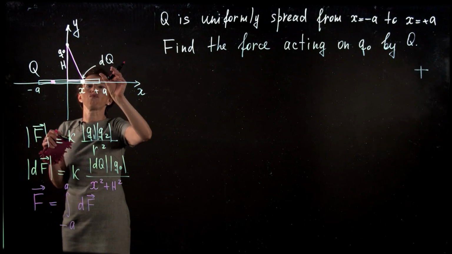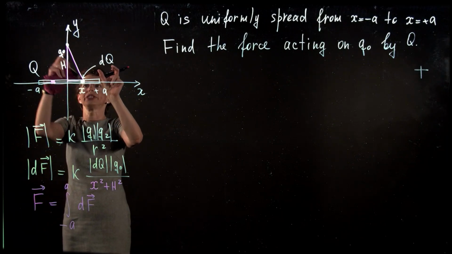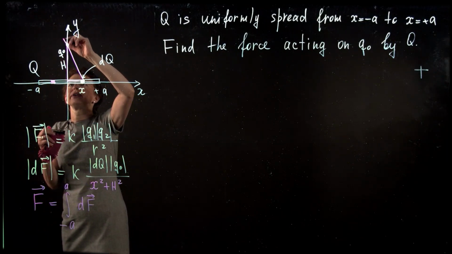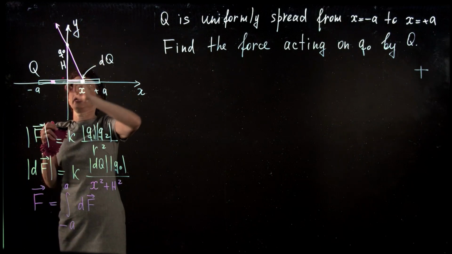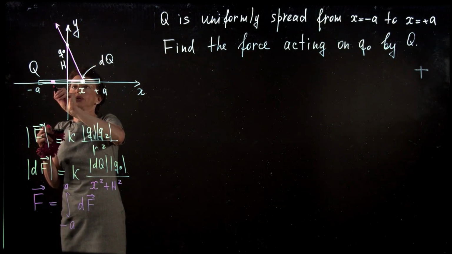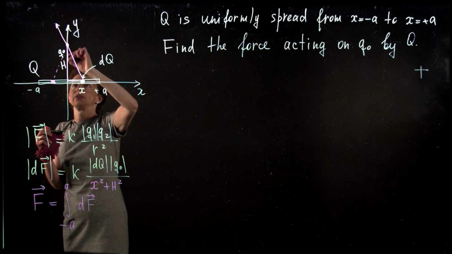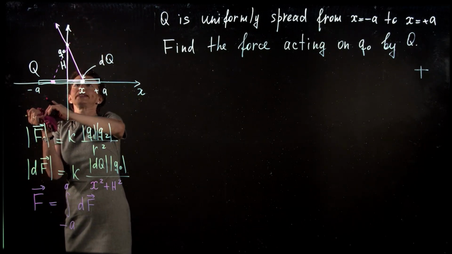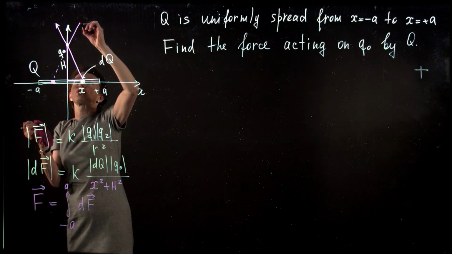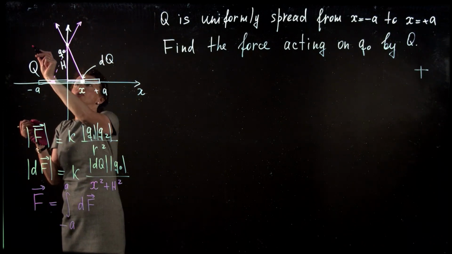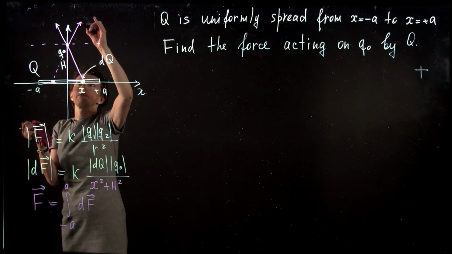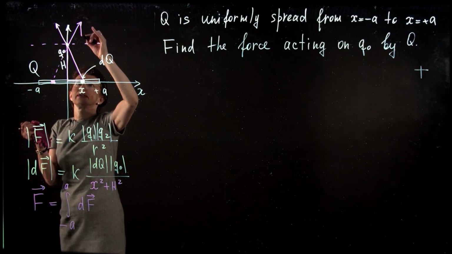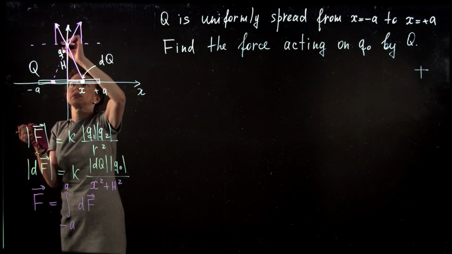If we draw forces exerted by this dq on q node, and this dq on q node, we will see that these forces will have x components equal and opposite.